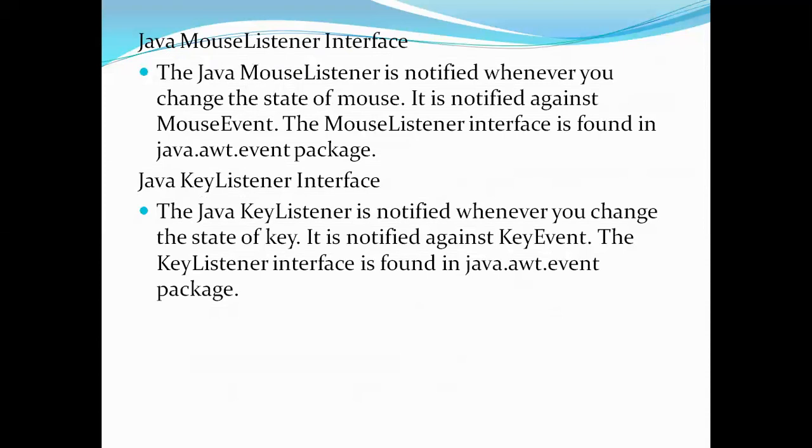Now coming to listeners, what are these listeners? These listeners are available in the java.awt.event package. What is event handling? Event handling is a special mechanism used to provide functionalities to the GUI components.